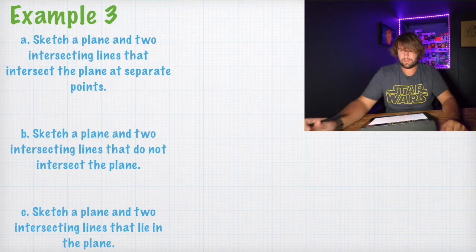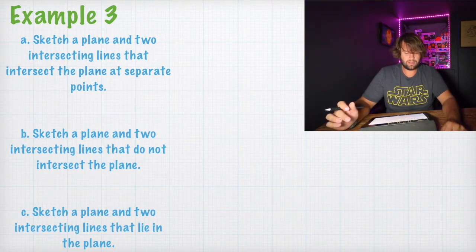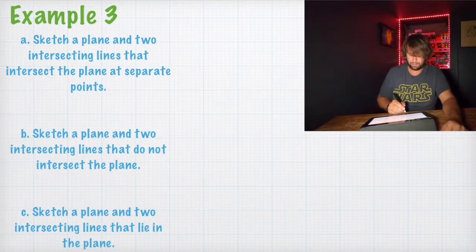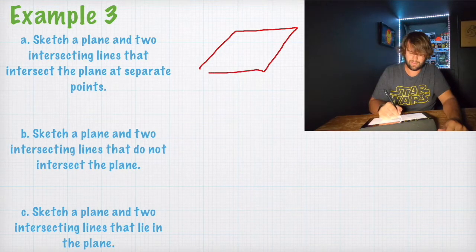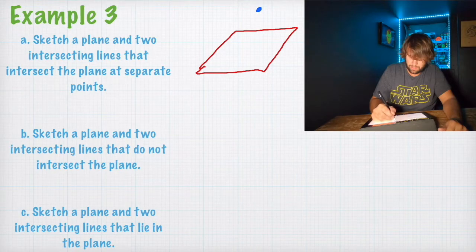So example 3, they want us to sketch a plane and two intersecting lines that intersect the plane at separate points. So the first thing I'm going to do is just go ahead and sketch a plane. Sorry for my drawing, it is not the best. And then we're going to draw two lines that intersect. Let's draw a point up here where they're going to intersect.